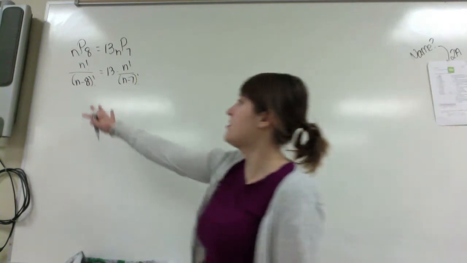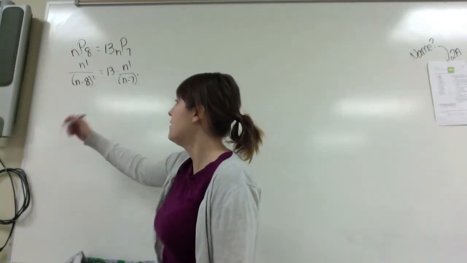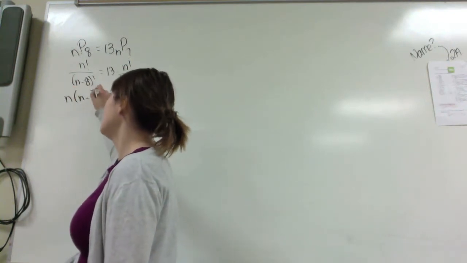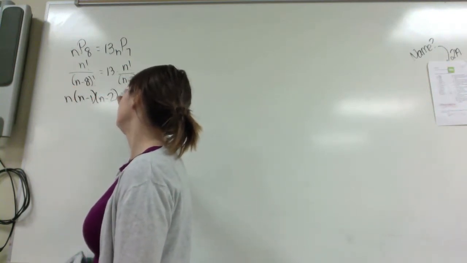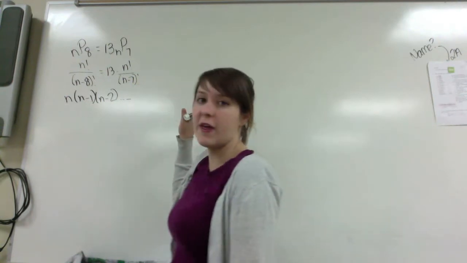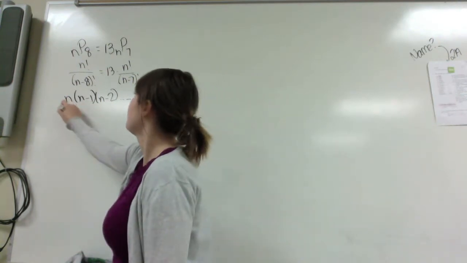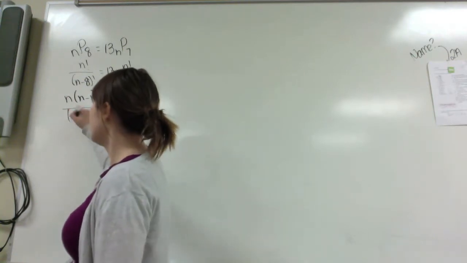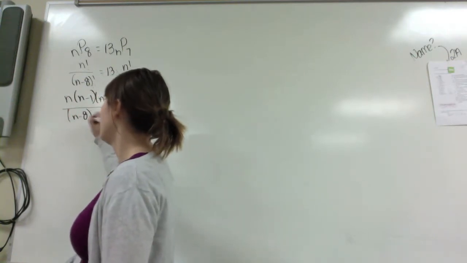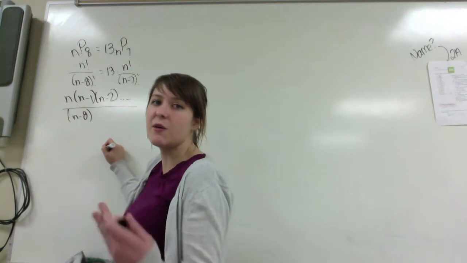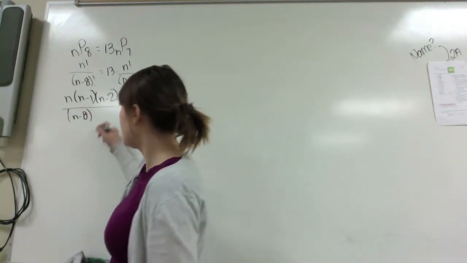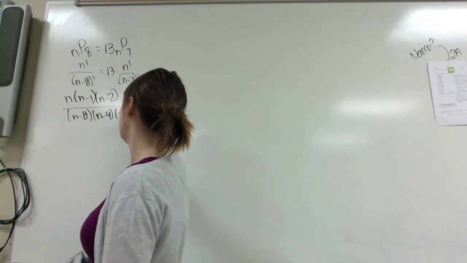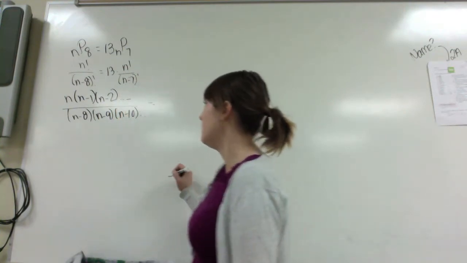So n factorial is just n times n minus 1 times n minus 2, and it just keeps going that way. So n minus 8 factorial would start with n minus 8, and again you're just subtracting 1 every time, so then it'd be n minus 9, and n minus 10, etc.